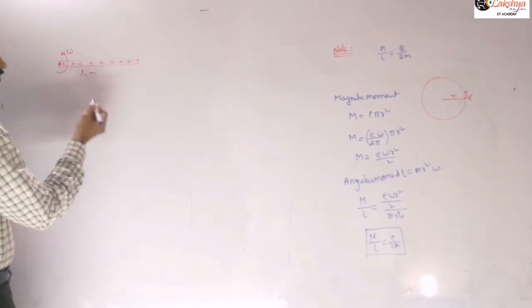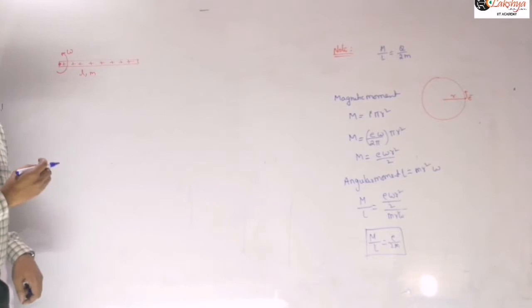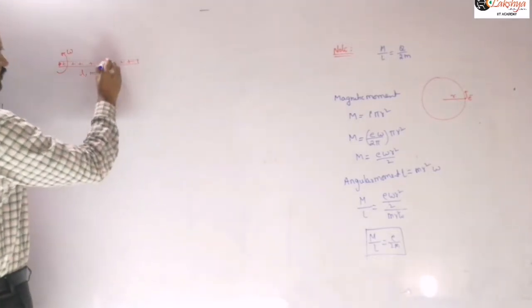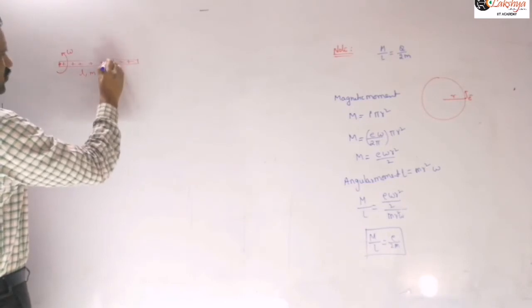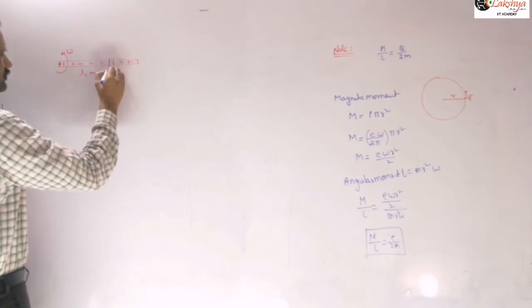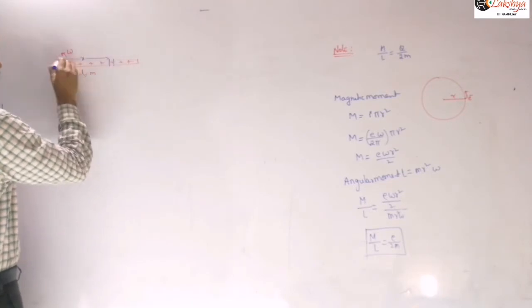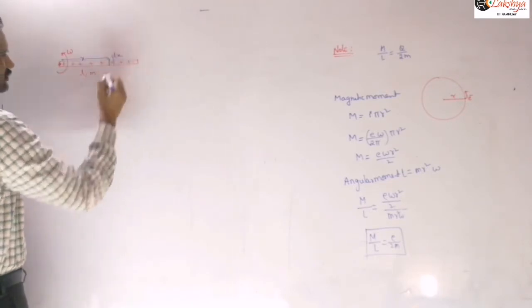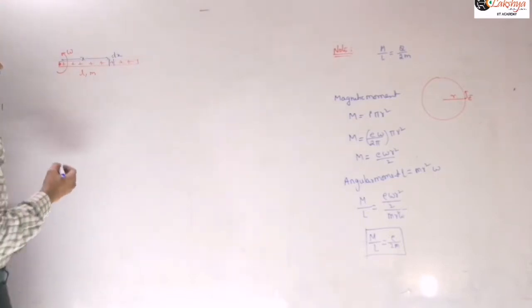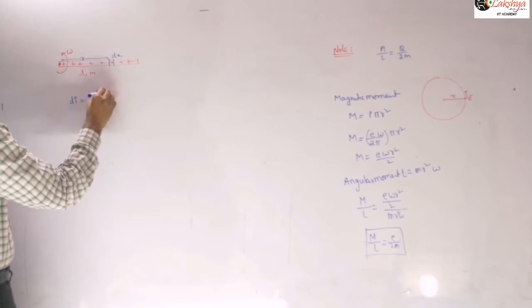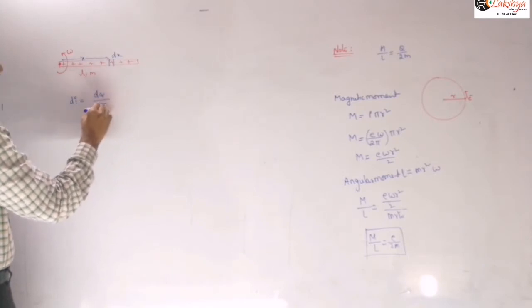For that, first write the current flowing through this orbit. Let us consider a small element at a distance of x from the axis, of width dx, right? Current through that small element is di equal to dq by 2 pi by omega.